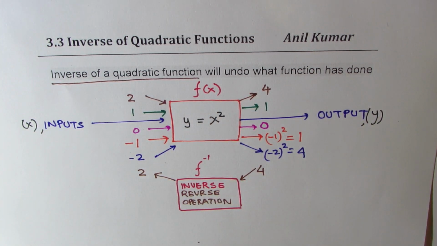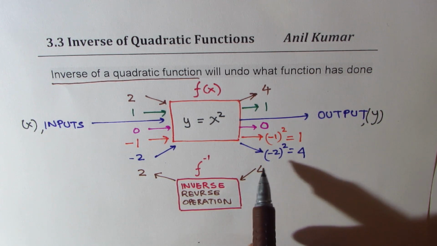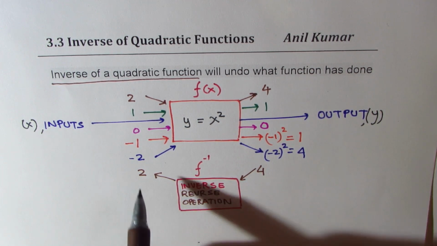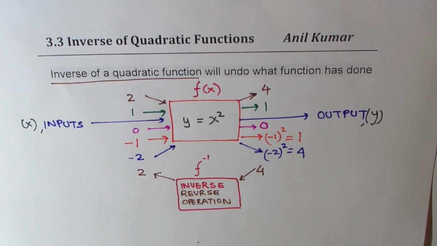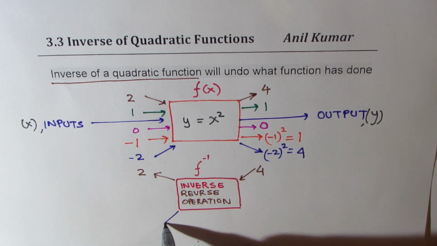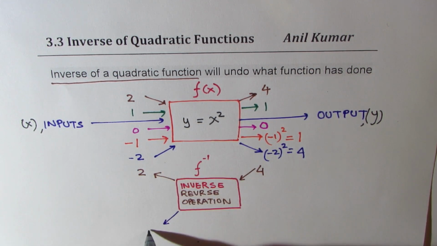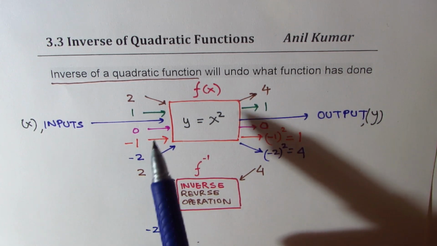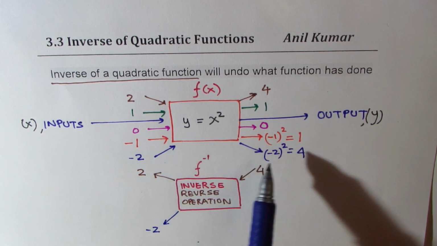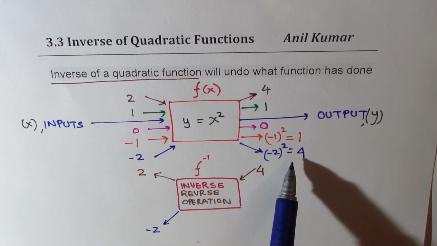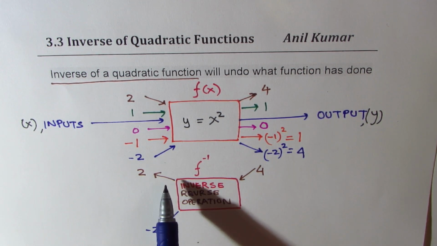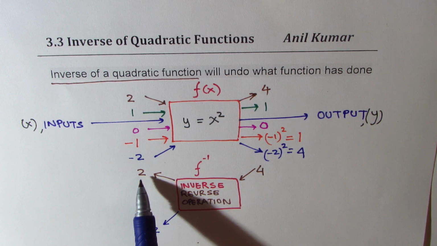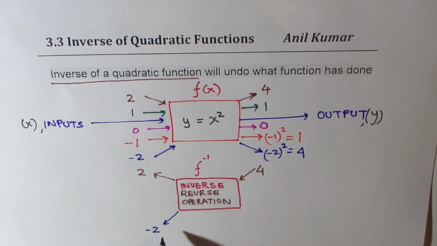Perfect. Now here is a problem. When I enter 4, I might get 2, or I might also get minus 2, since minus 2 also resulted in 4. So there is a confusion whether I should get 2 or minus 2.